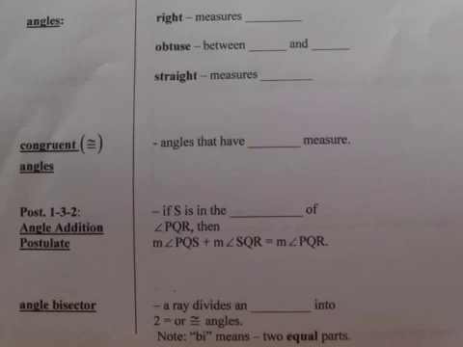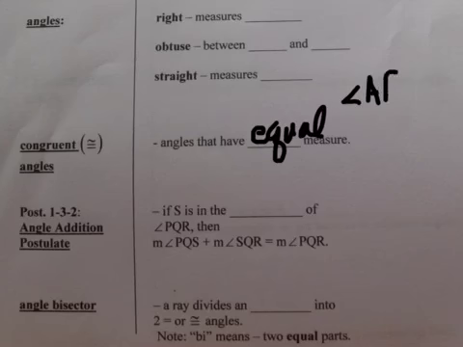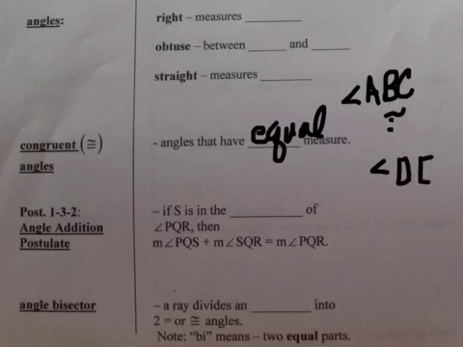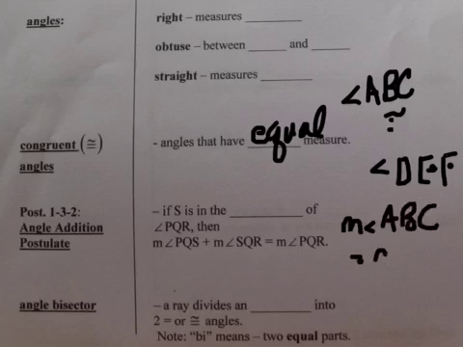Okay, the bottom of the page: congruent angles have equal measures. So let's say I name an angle ABC, and we can say that it's congruent to another angle, DEF, if they're the same measure. That's saying the angles are the same size. I can also say the measure of angle ABC equals the measure of angle DEF, and that's talking about the number of degrees that they both equal.